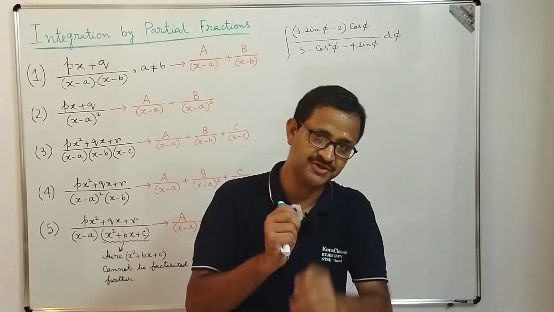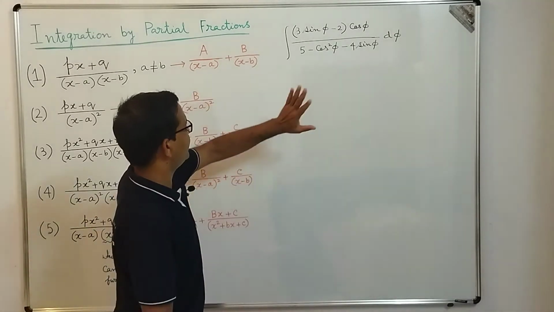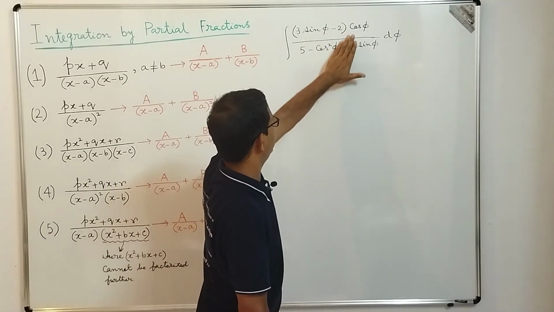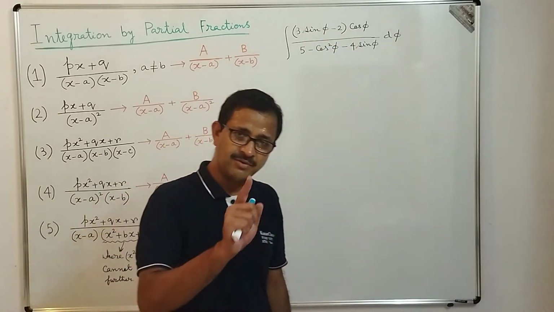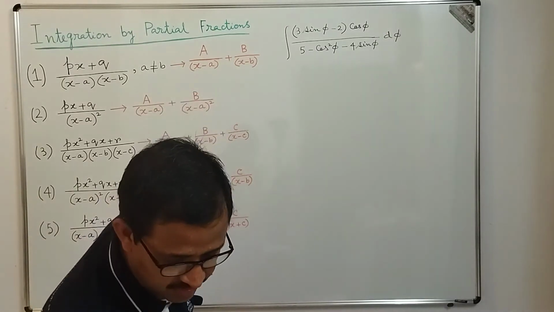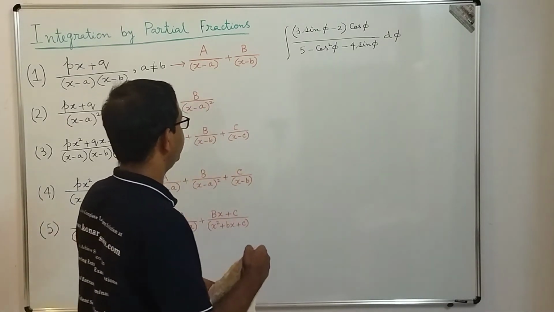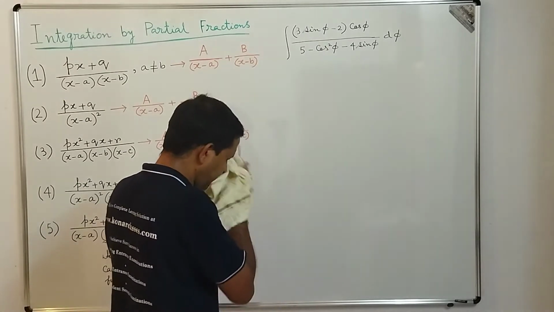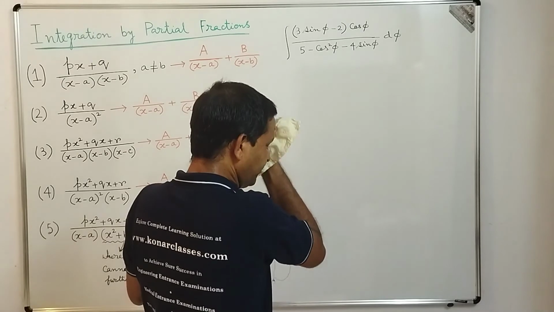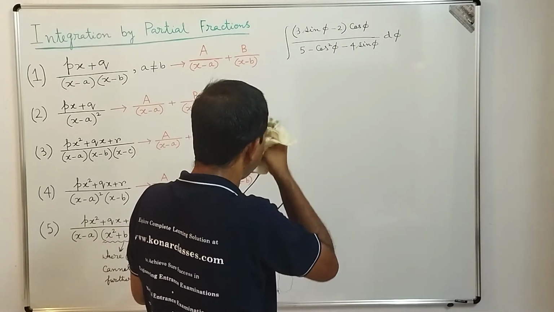So how to proceed? The first one is that whenever you see this kind of stuff, that sin phi and cos phi is there, our first target should be that we assume sin phi is equal to some variable, suppose t. Then what will happen? We will get that cos phi d phi is equal to dt.